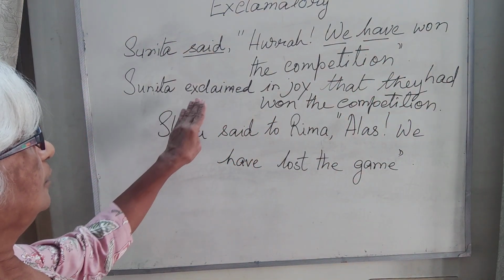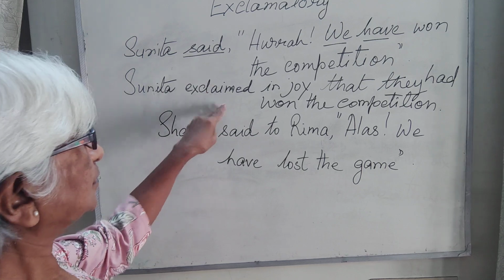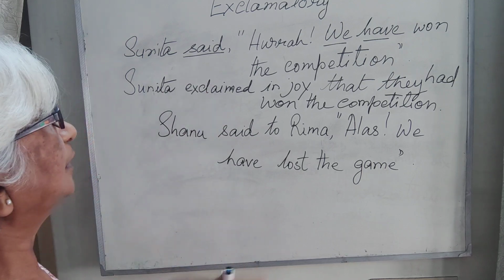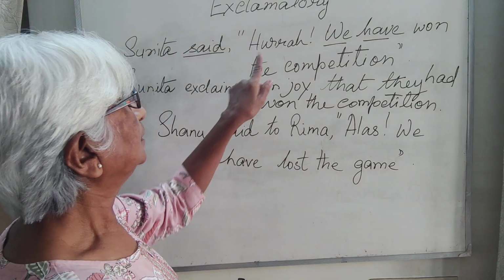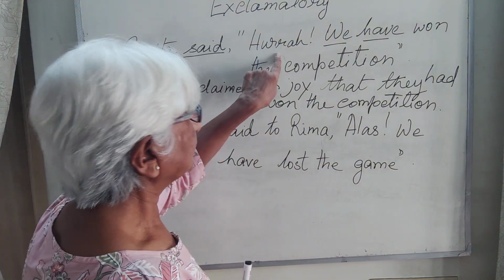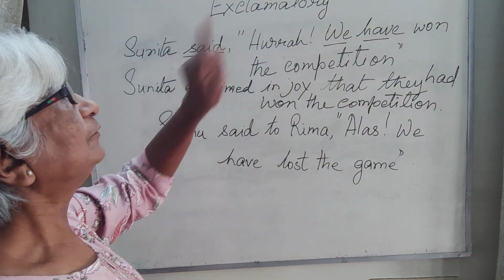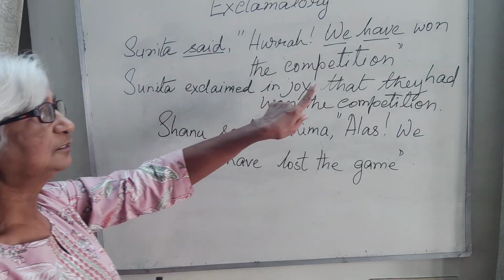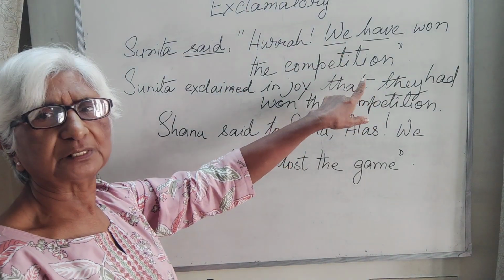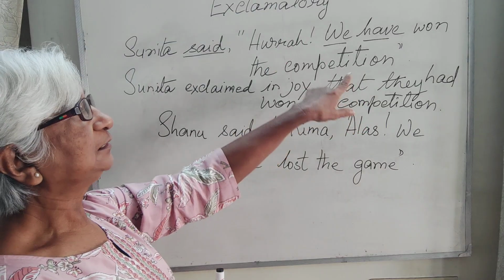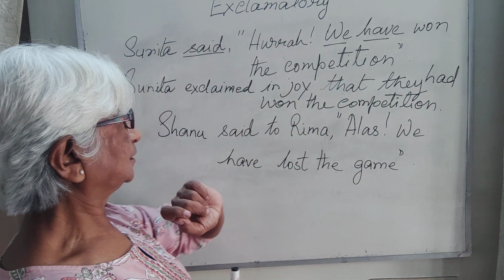Okay, so in exclamatory sentence, you have mainly to find out what is the emotion that is conveyed through the exclamatory word. If no word is used, then also some sort of exclamation, some sort of emotion has been conveyed, and that you have to understand and write.